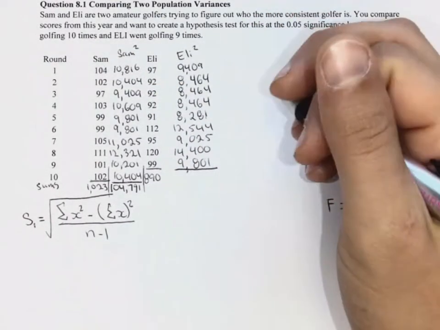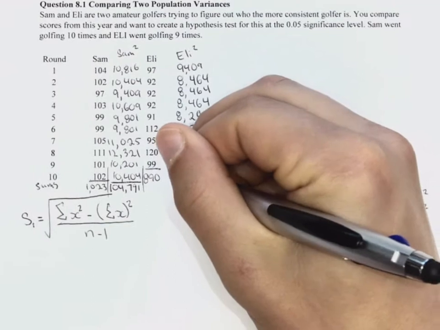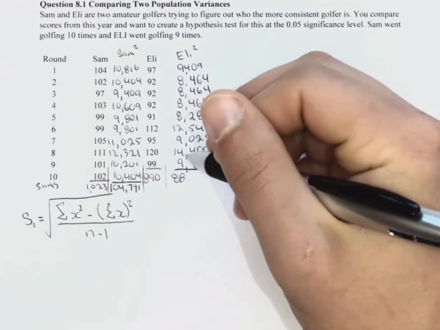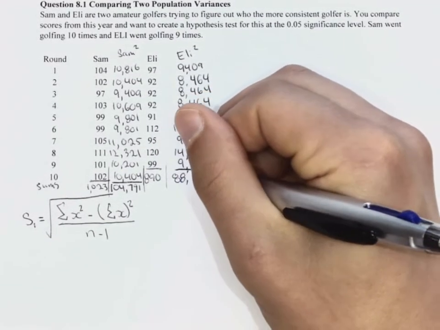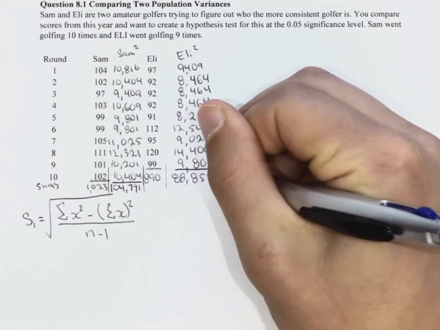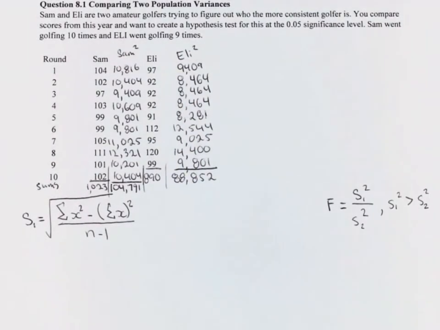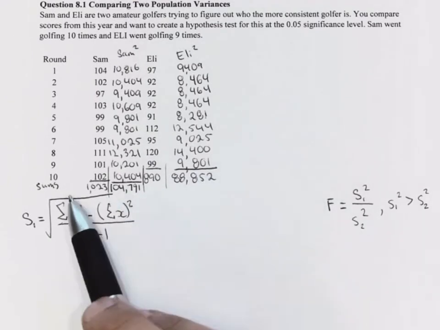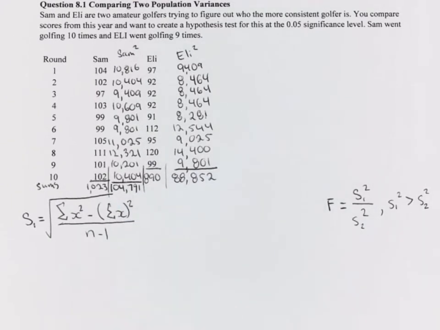We add up Eli's scores squared. So now that we have our information, we can start entering it into our standard deviation formula.